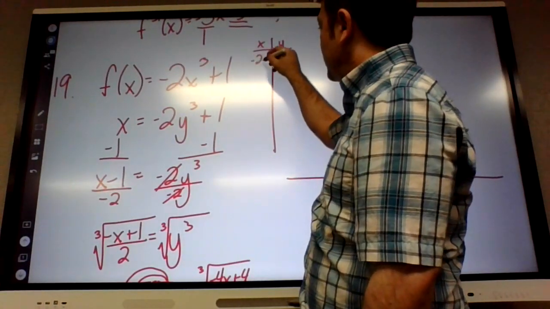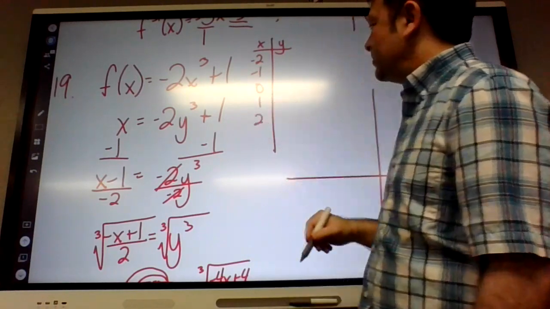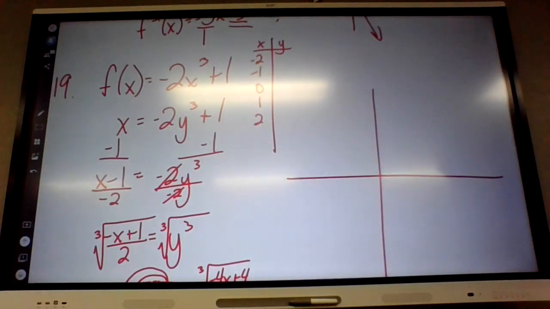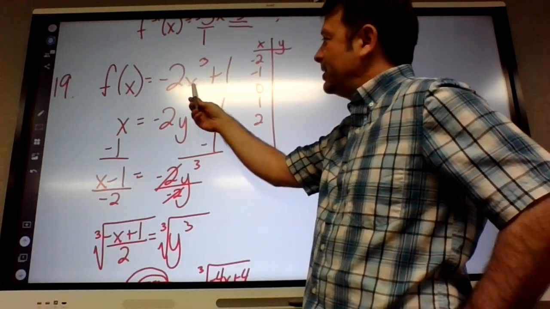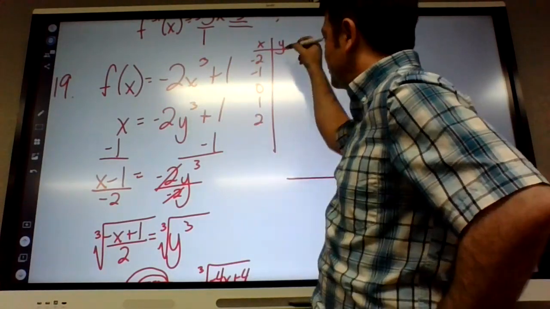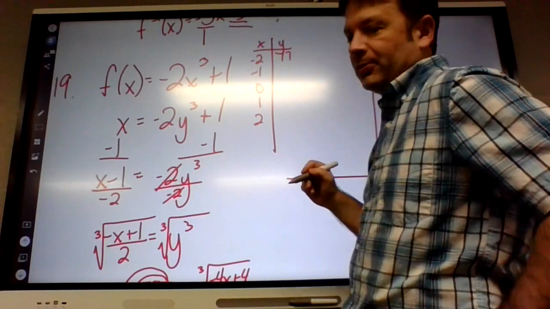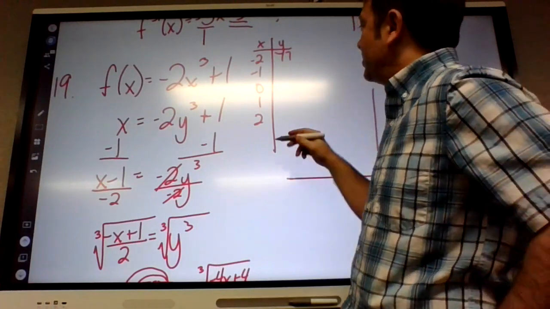So let's just try like maybe, the standard 5. Yeah, this is gonna get too big too quick. But if I plug in negative 2, cubed is negative 8 times negative 2 is 16 plus 1. Okay, that probably won't fit on our graph very well, so we're gonna have to throw that one out.